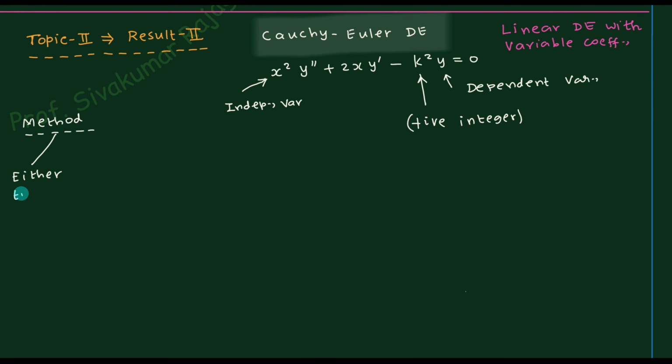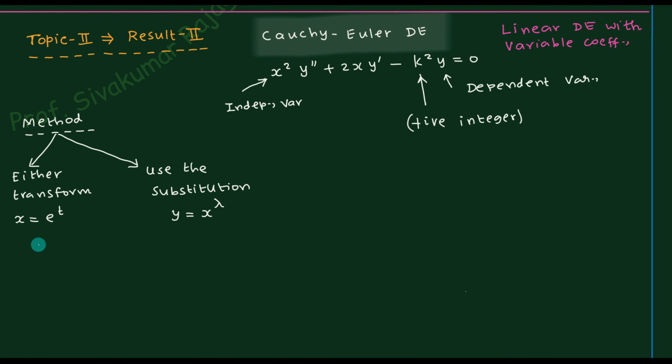One is to use transformation of the independent variable. Okay, I will not explain this kind of terminology, but you understand that transformation of independent variable can be done. That is one option. The second option is that you can use the simple substitution. Substitution in our problem could be y equal to x to the power of some number lambda. Okay, so that is the idea.